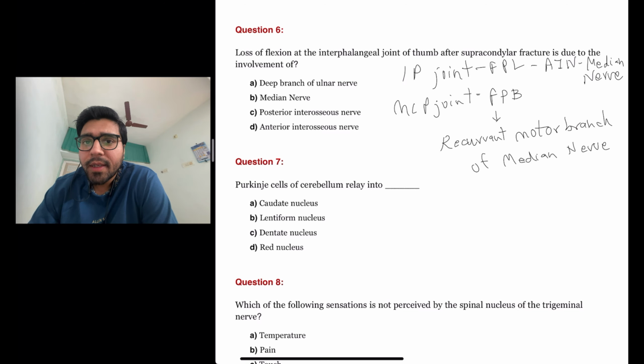So the interphalangeal joint action of the thumb is mainly done by flexor pollicis longus and it is supplied by the anterior interosseous nerve. So the answer is D.